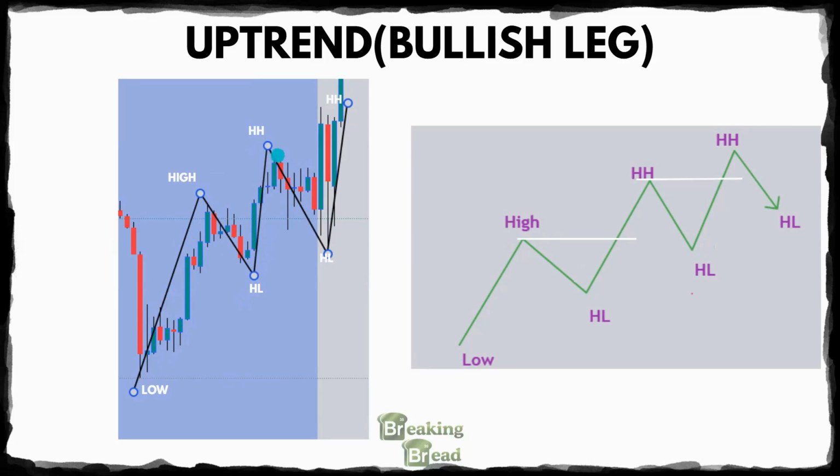That's telling us these highs are higher in price than the highs that were put in here. Price pulled back, put in a higher low, meaning this low is higher in price than this low, and then price breaks out and creates another high, right? So this high is higher in price than this high, and higher than this high. And the lows are getting higher as well, just like the diagram I showed you here.